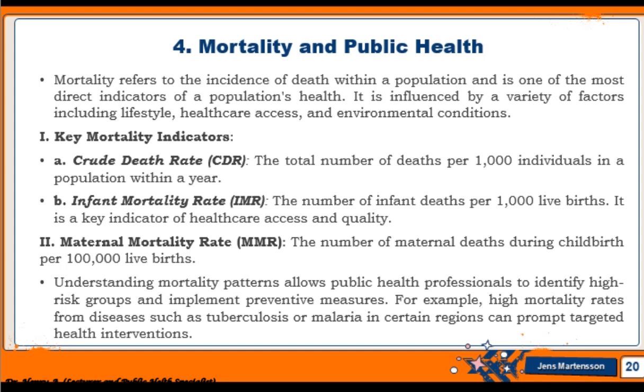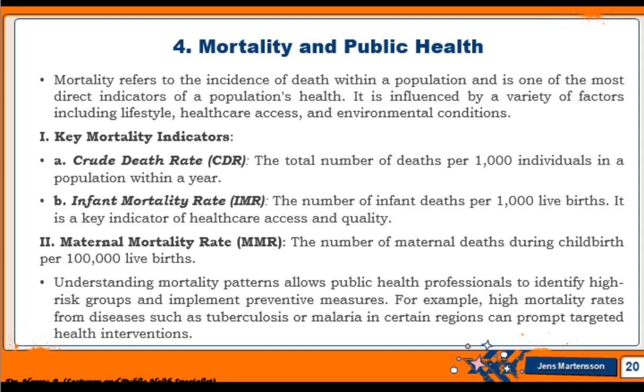It does not account for age structure, which is why it is often supplemented by age-specific mortality rate. Take note about that. Now, in the case of infant mortality rate, this is the number of deaths of infants under 1 year of age per 1,000 live births.